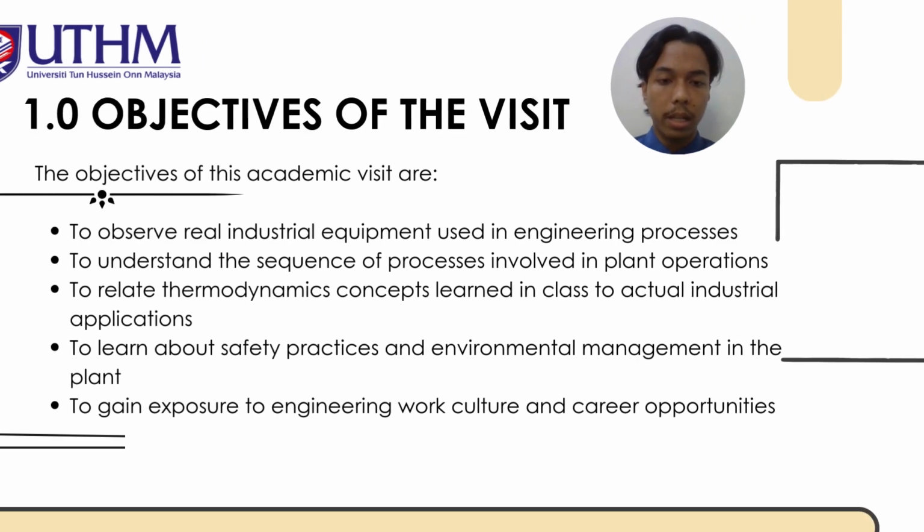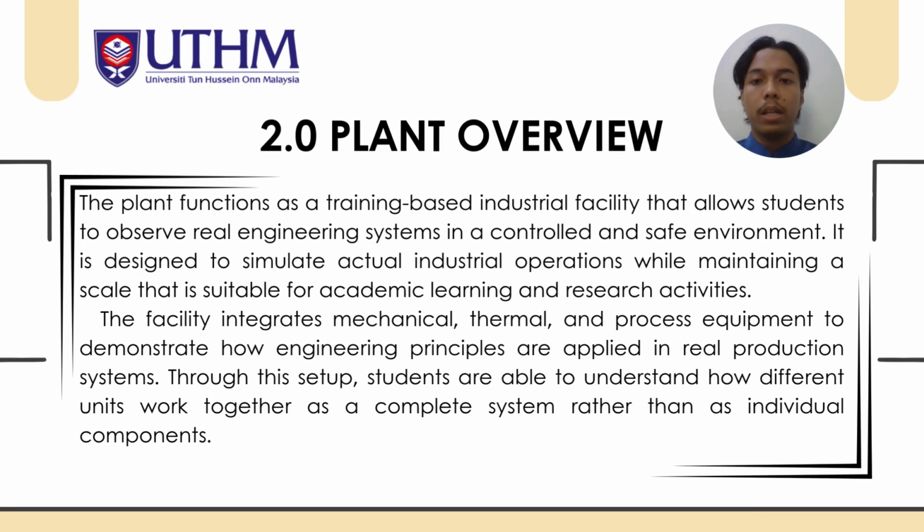So for the next part is plant overview. The plant functions as a training-based industrial facility that allows students to observe the real engineering system in a controlled and safe environment. It is designed to simulate actual industrial operation while maintaining a scale that is suitable for academic learning and research activity.